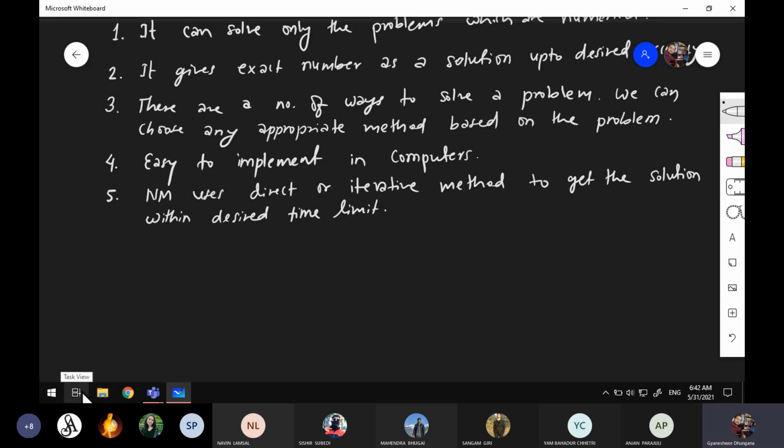Because computers are extremely fast devices, no matter how many loopings it involves, we can get the answer in a limited amount of time.